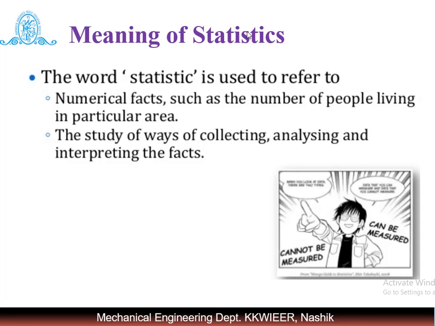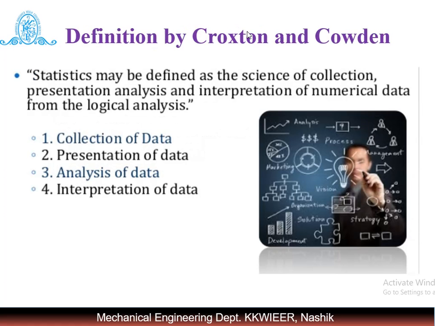Then, what is the meaning of the word statistic? It is used to refer to a numerical fact, such as the number of people living in a particular area, and to the study of the way of collecting, analyzing and interpreting the facts.